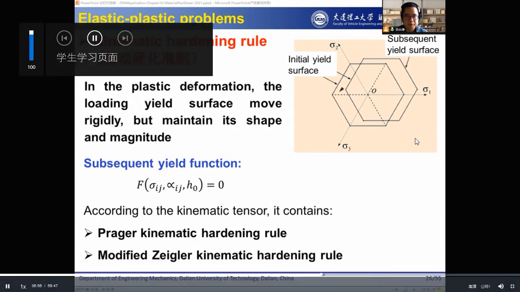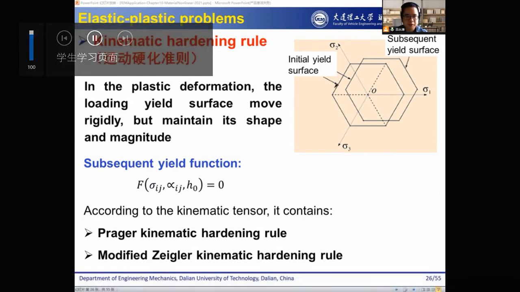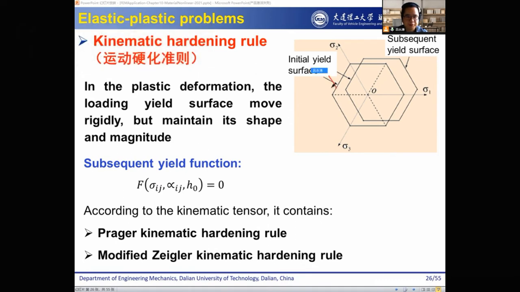This is our initial surface, and after the deformation, or after the heating, it moves to another location. This is our subsequent yield surface. We call this the kinematic hardening rule.